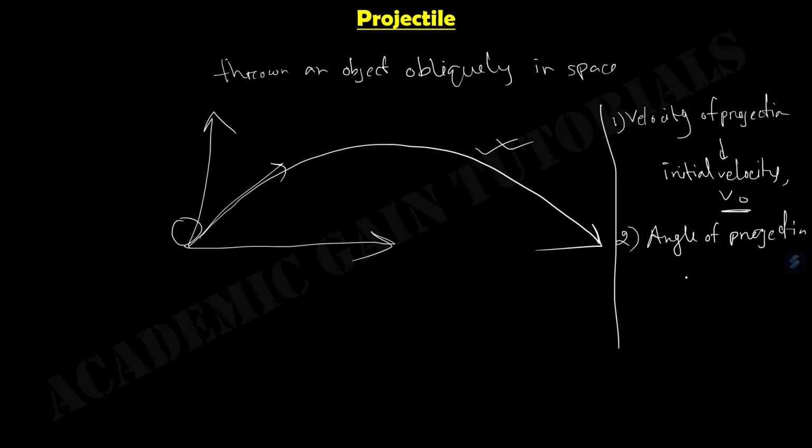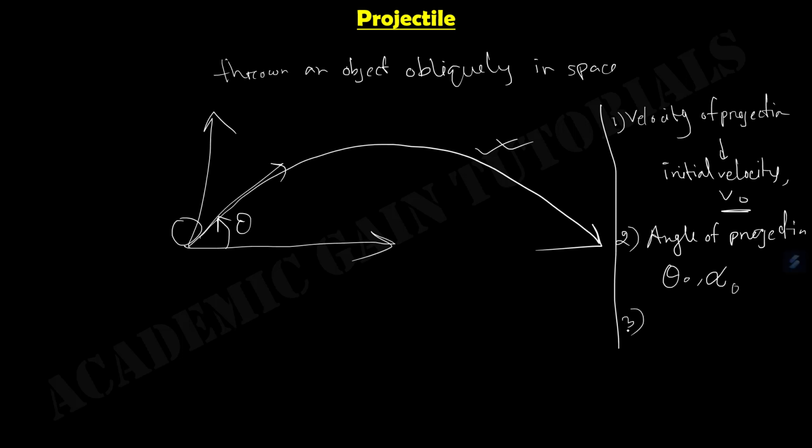This angle, like this, is known as angle of projection. It is the angle from the horizontal at which we throw the object obliquely in space. We always describe this as theta naught or sometimes alpha naught.